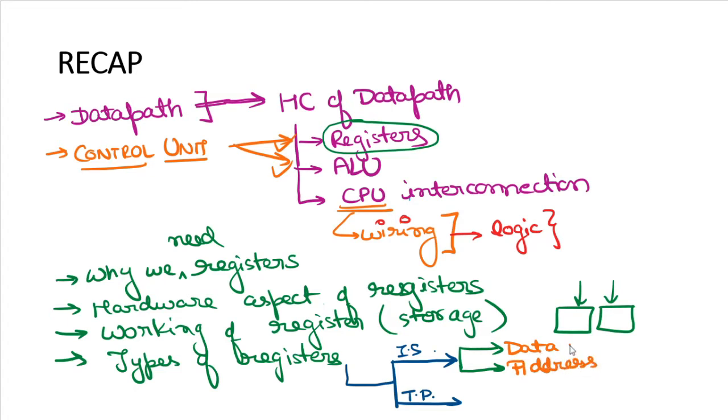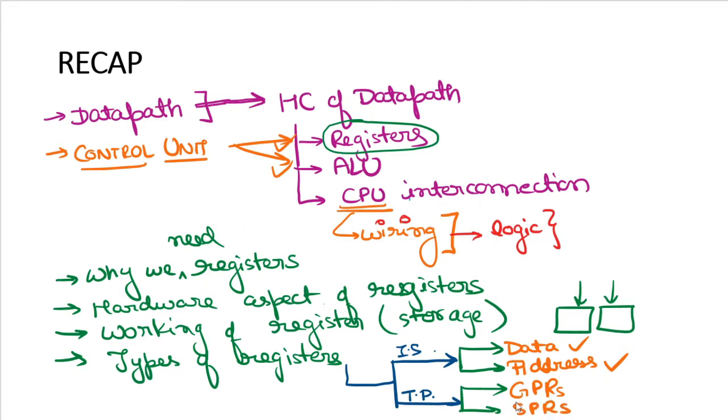Data registers are the registers that store data, right? Data means instructions and values, whereas address registers are the registers that can store the addresses of cells of memory or IO devices. And based on the task performed, there were two types of registers: general purpose registers or GPRs, and special purpose registers or SPRs, right?